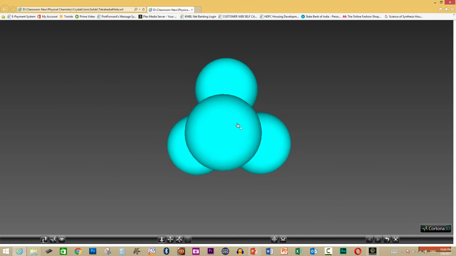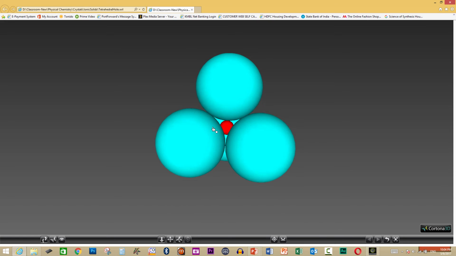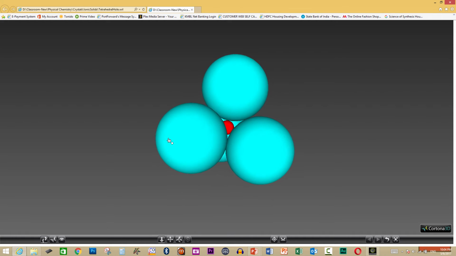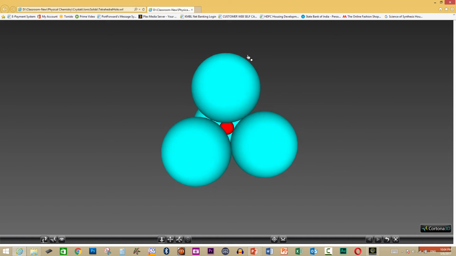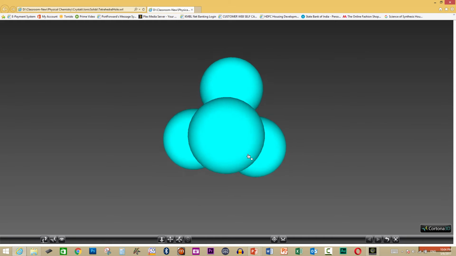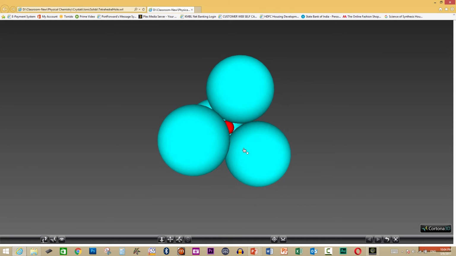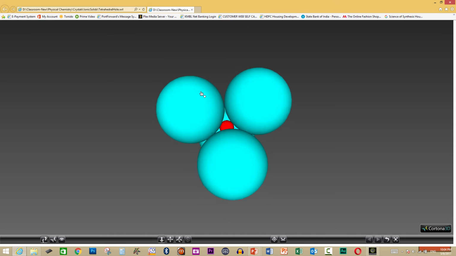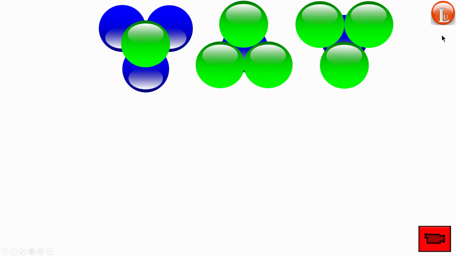This is how a tetrahedral void looks like. So 3 here, 1 at the back, 1 on top, 3 here. You can look at it whichever way you want, and the triangles can go here, can be like this, can be like this. The triangles can take any shape. It can be a straight triangle, it can be an inverted triangle, it doesn't really matter.